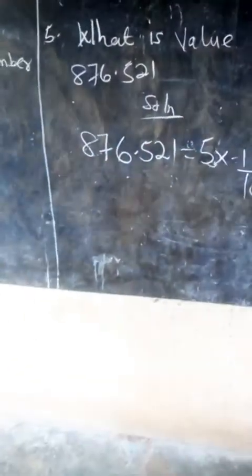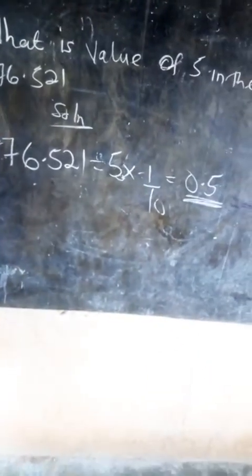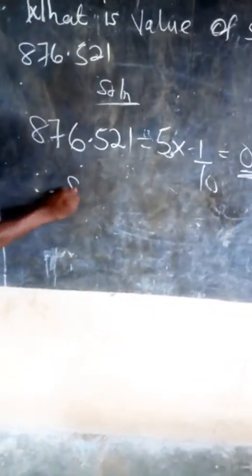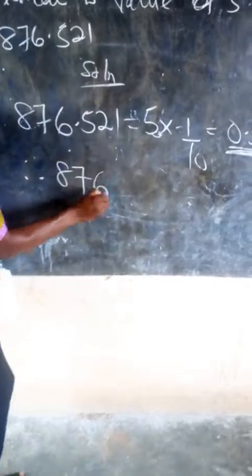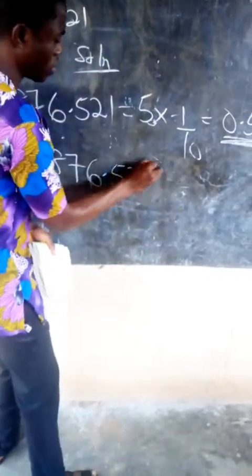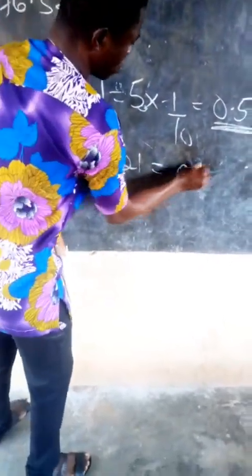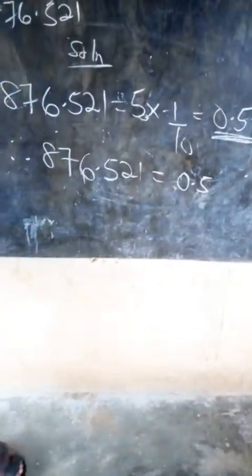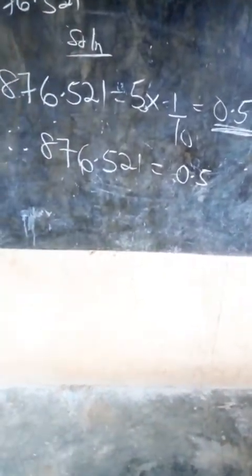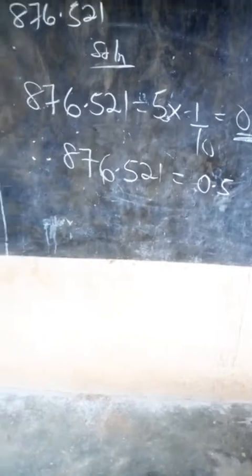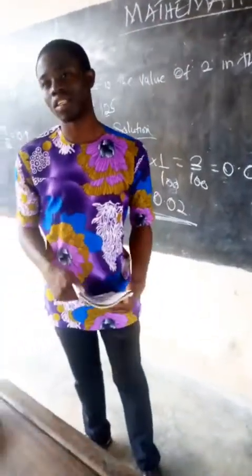Therefore, the value of 5 in 876.521 is 0.5. So this is the end of our lesson under place value decimal base.